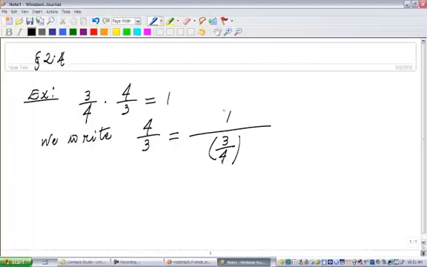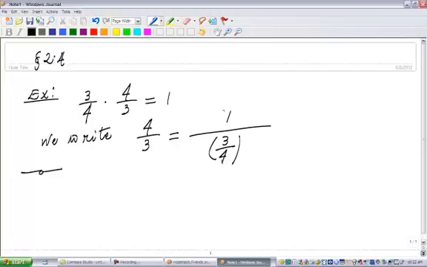So when I write 1 whole divided by 3/4, I mean the number 4/3. Everybody is clear on that? So 1 divided by a fraction means the reciprocal of that fraction. Any questions on this?